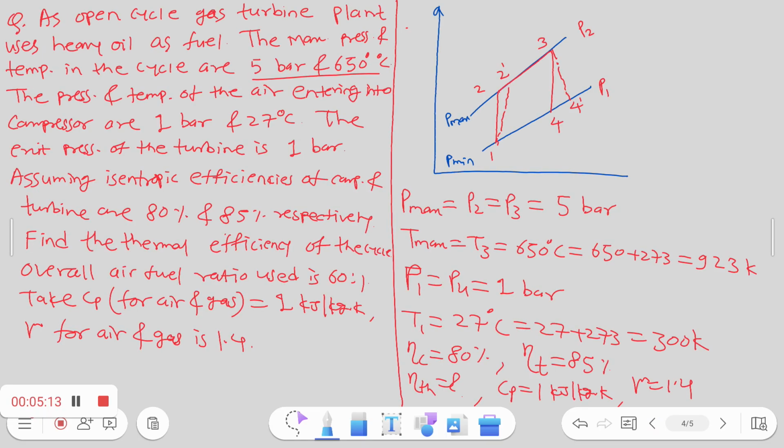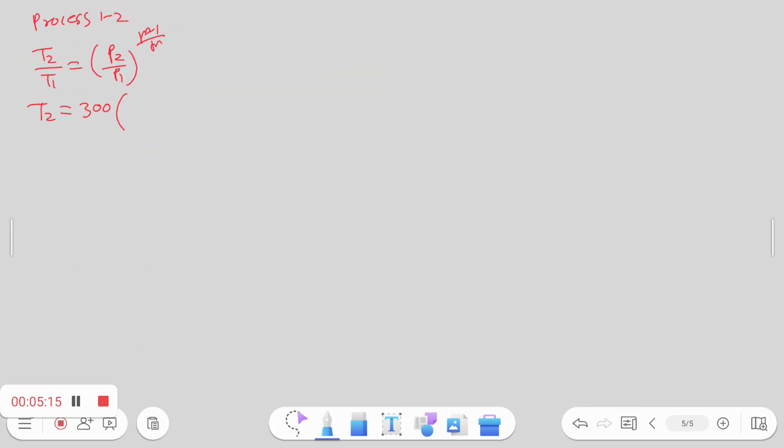P2 is 5 by 1, so 5 by 1 raised to gamma minus 1 by gamma. Take gamma 1.4, and from this, T2 is 475.17 Kelvin, right?